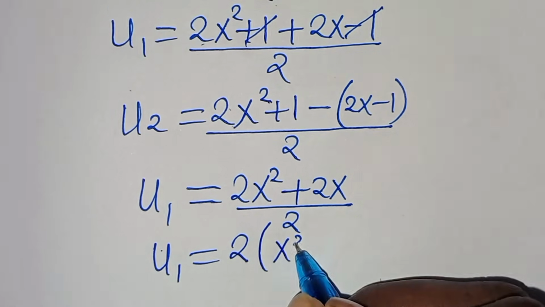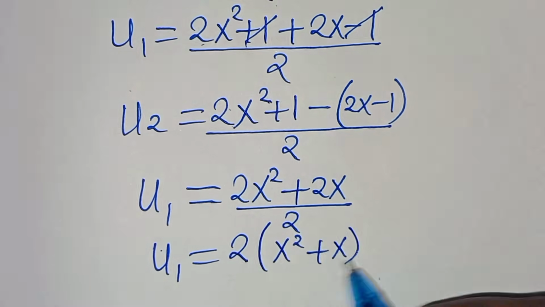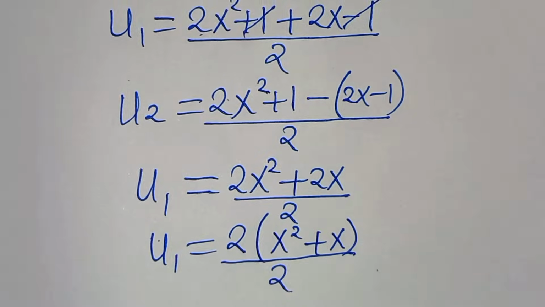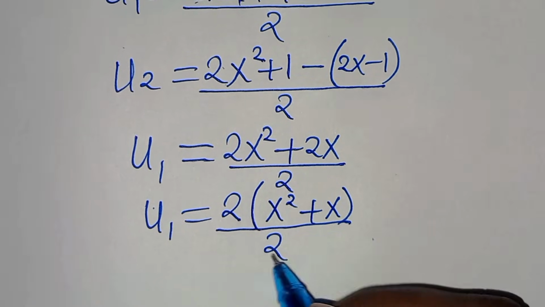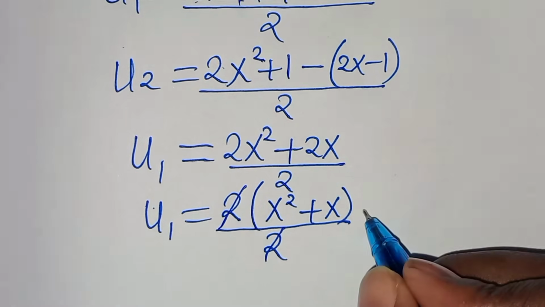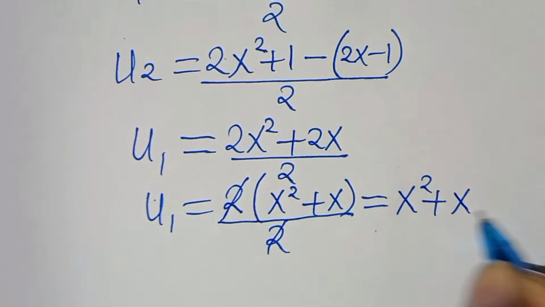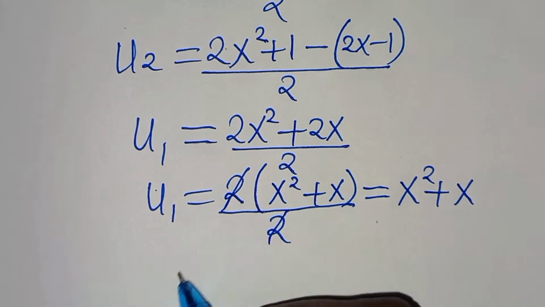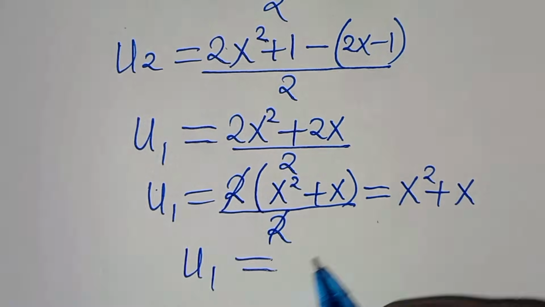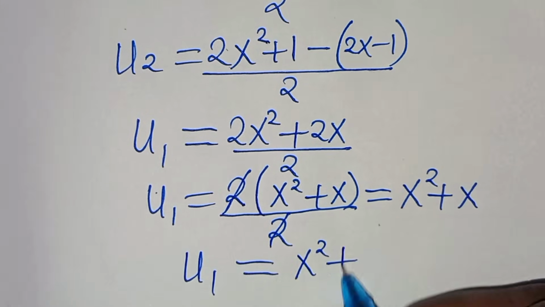This is x squared plus x, everything here divided by 2. So let's simplify 2 and 2 here so that we have this as x squared plus x. Now this is u1, so we have u1 is equal to x squared plus x.